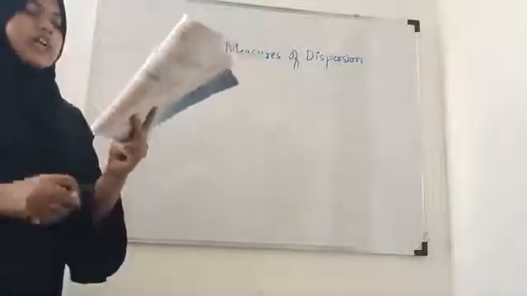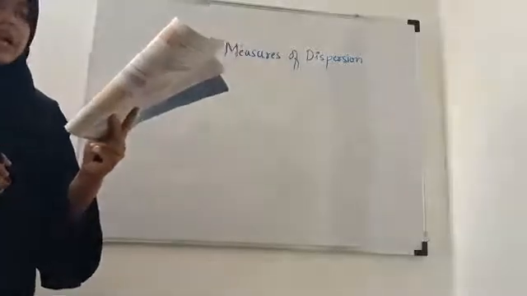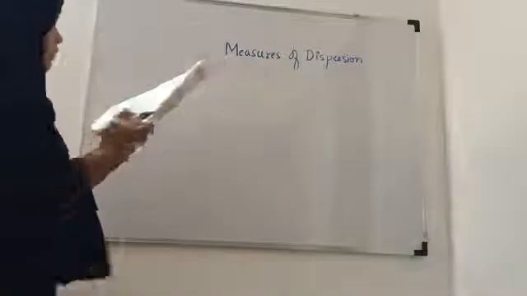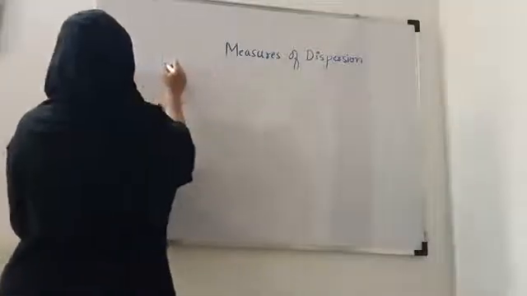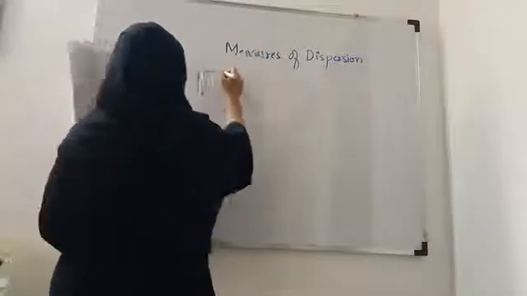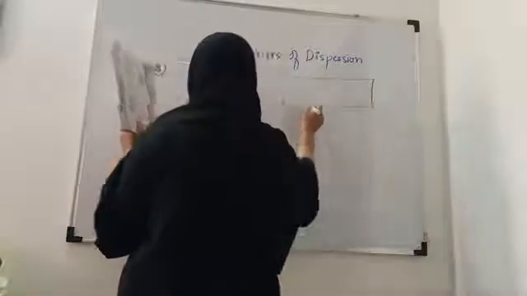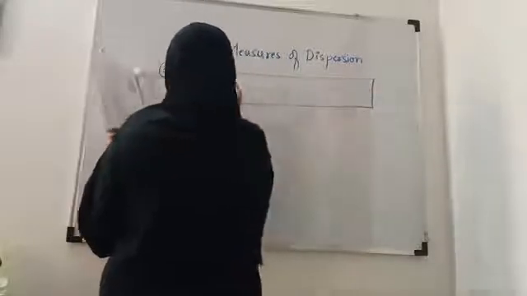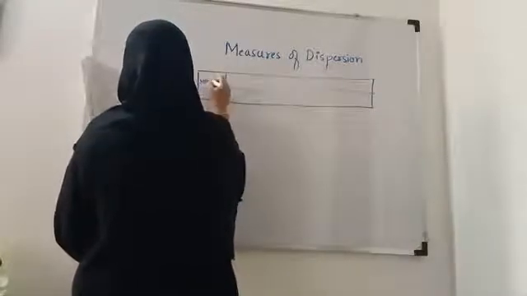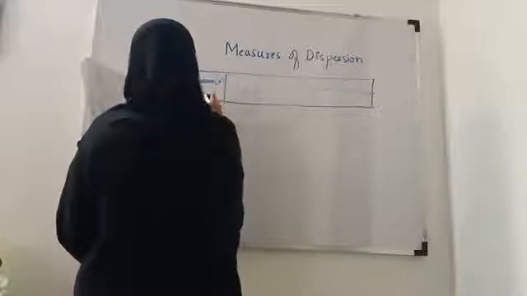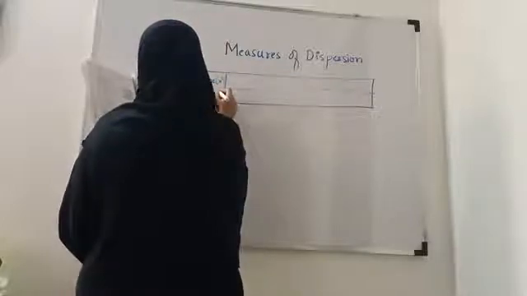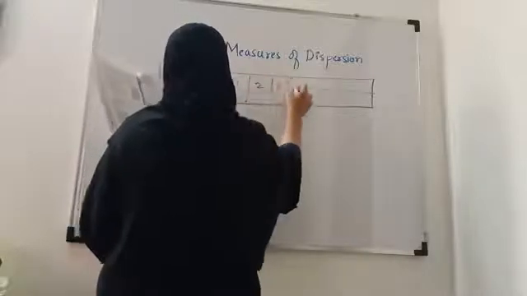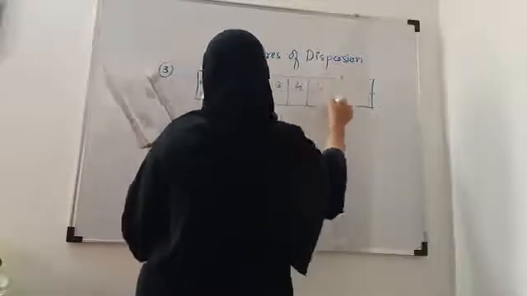The question is, a die is rolled 30 times and the following distribution is obtained. So one distribution is given to us. I am doing problem number 3. The scores x and frequencies f: 1, 2, 3, 4, 5 and 6.